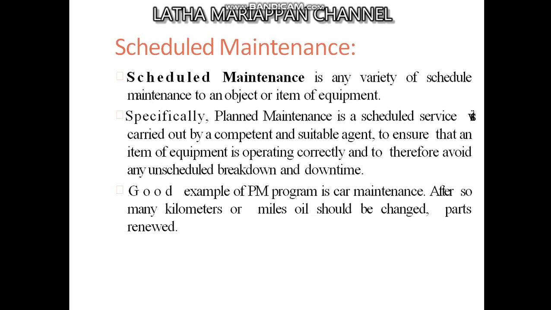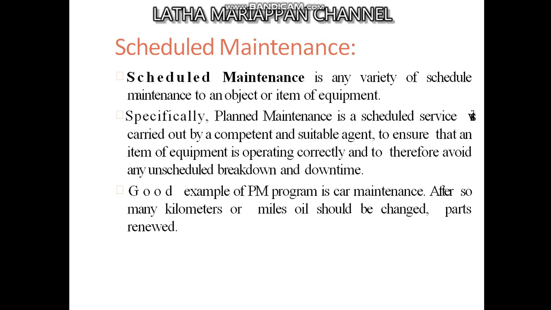Scheduled maintenance. In any variety of scheduled maintenance of an item of equipment, especially planned maintenance, it is a scheduled service carried out by a competent and suitable agent to ensure that the equipment is operating correctly and to avoid any unscheduled breakdown and downtime.